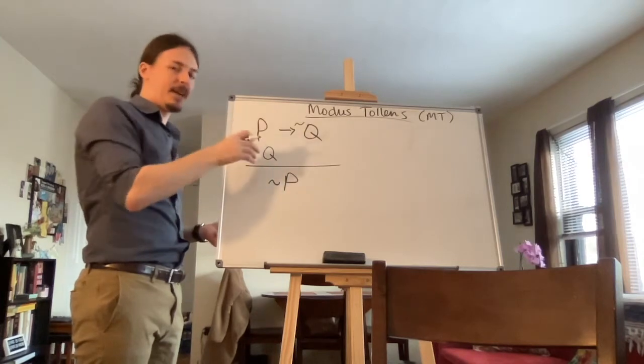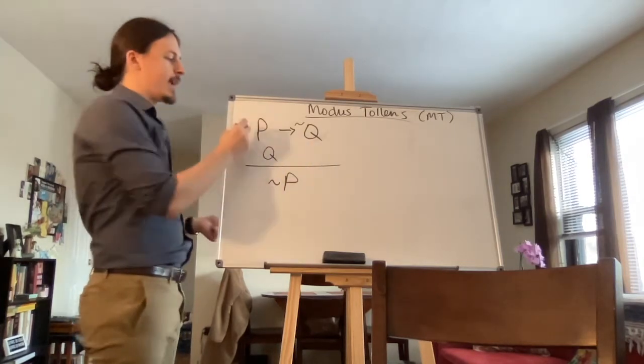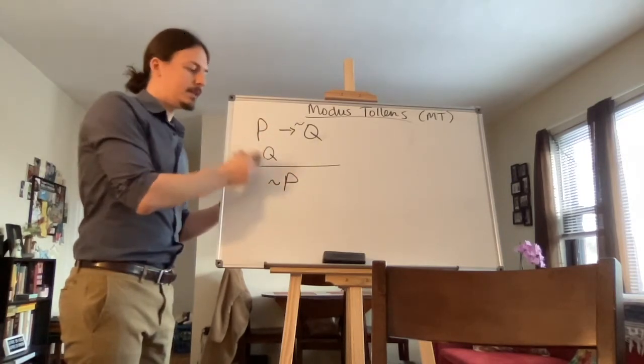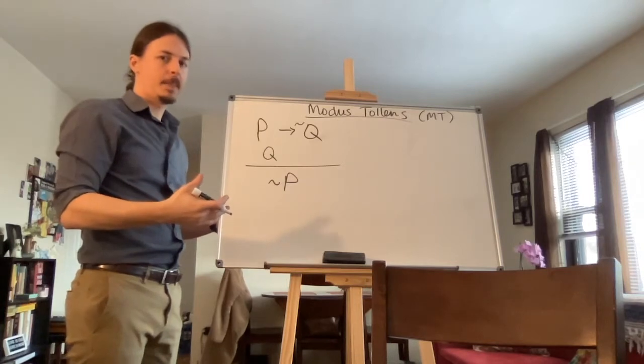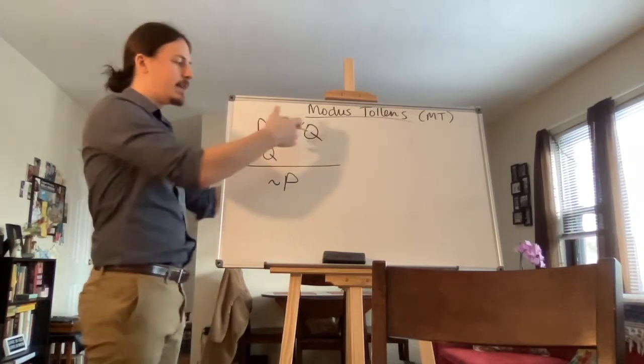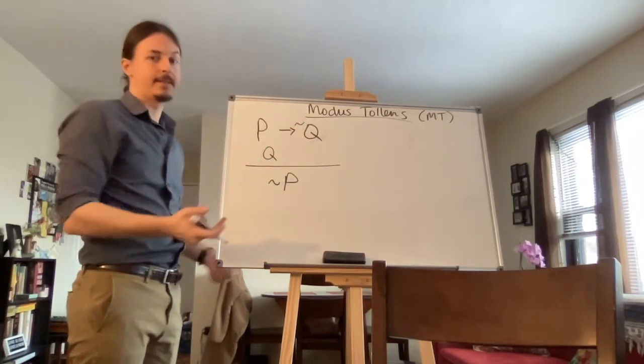The opposite of a thing is not the thing. The opposite of not the thing is the thing. So if P, then not Q, Q, therefore not P. Same thing. Because you're saying if P happens, then not Q has to happen. But Q is happening, so P is not happening.